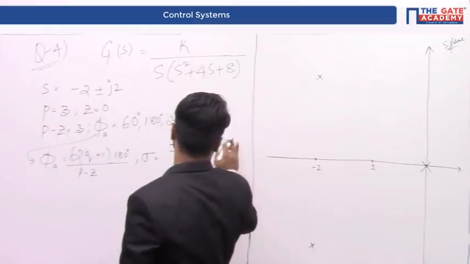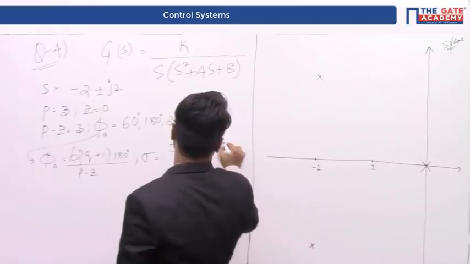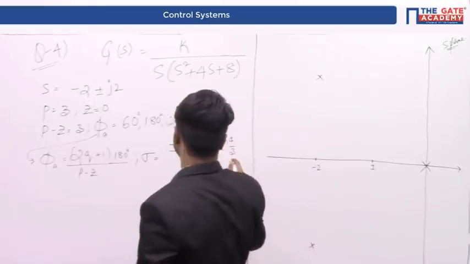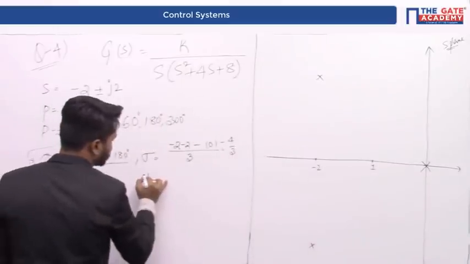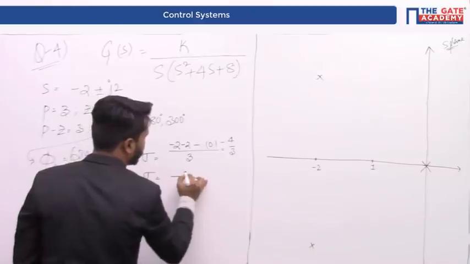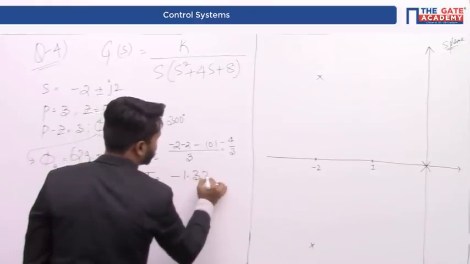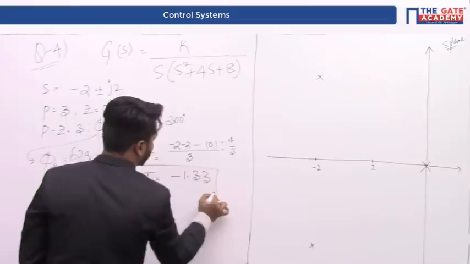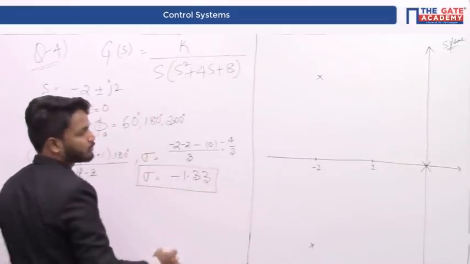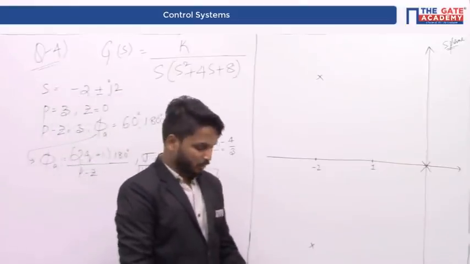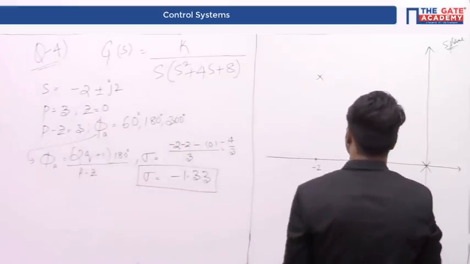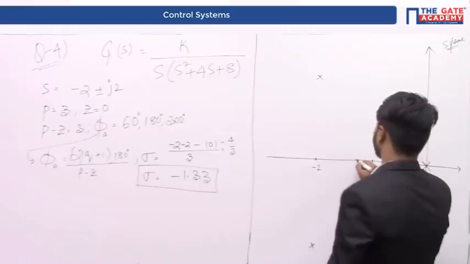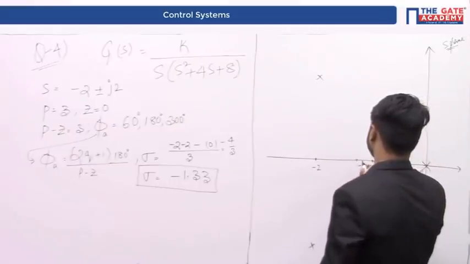It is simply minus 4 divided by 3. So centroid is equal to minus 1.33. Therefore, all the asymptotes are going to intersect. Centroid is nothing but the point of intersection of asymptotes. Therefore, all the asymptotes are going to intersect at minus 1.33.